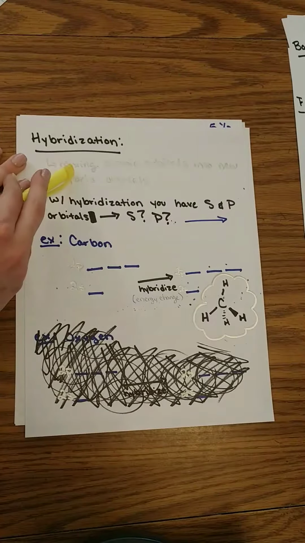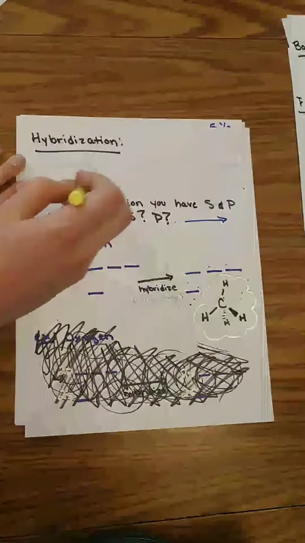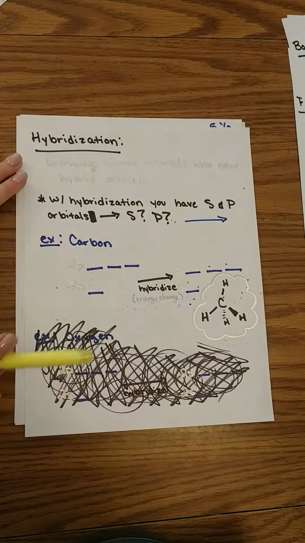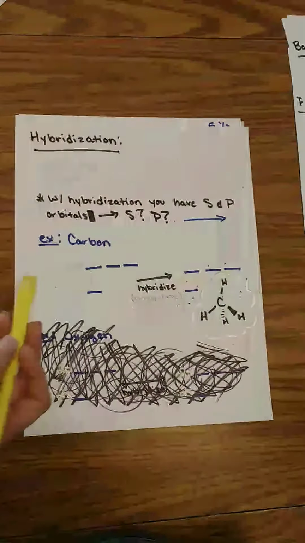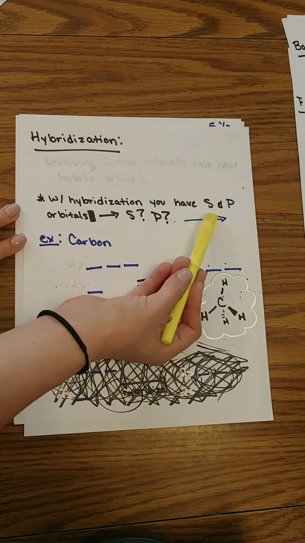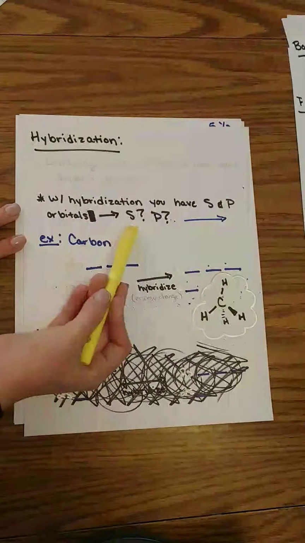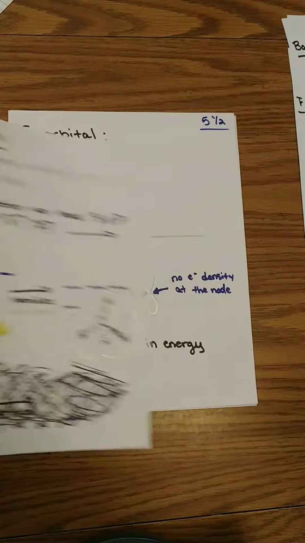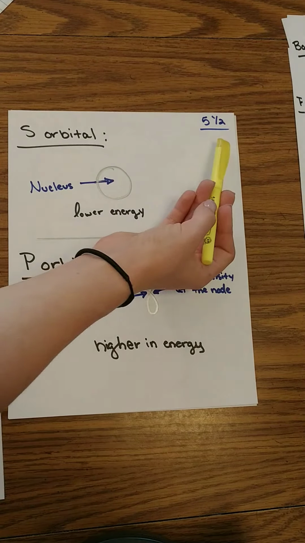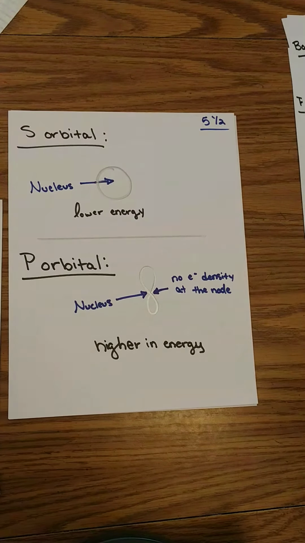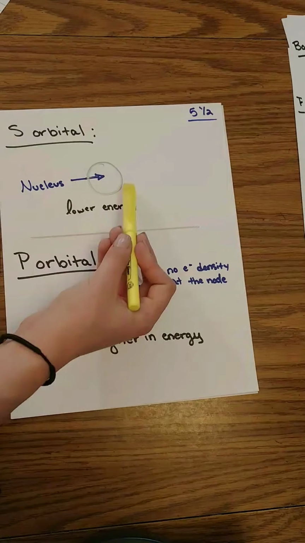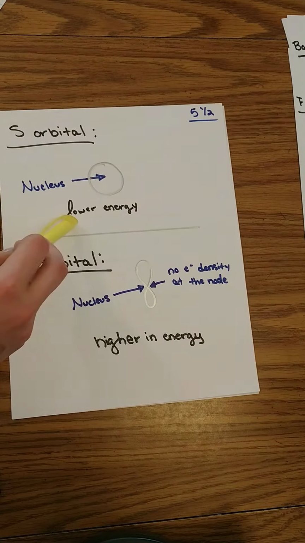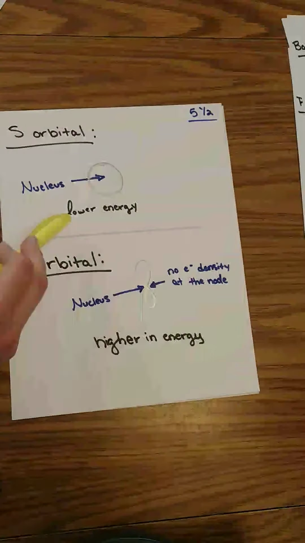Hybridization. Hybridization is the mixing of atomic orbitals into new hybrid orbitals. This happens because you want to exchange the energy for bonding purposes. With hybridization, you have s and p orbitals. What are s and p orbitals? Well, on page 5.5 I have here, an s orbital has a sphere of electron density and is lower in energy than the other orbitals of the same shell.